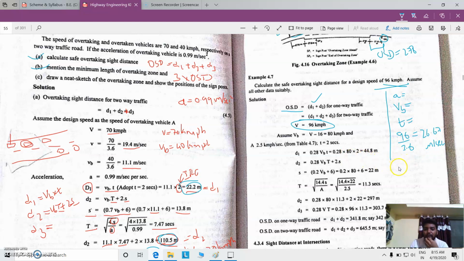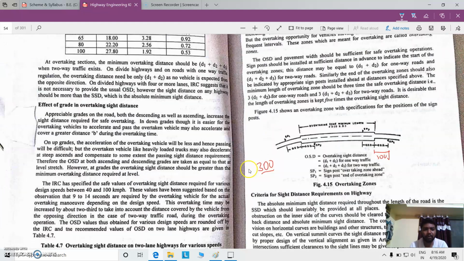Once you calculate meter per second, we don't know that VB. In the previous video lecture we discussed that to know VB, we have to deduct 26.67 minus 4.5, right?